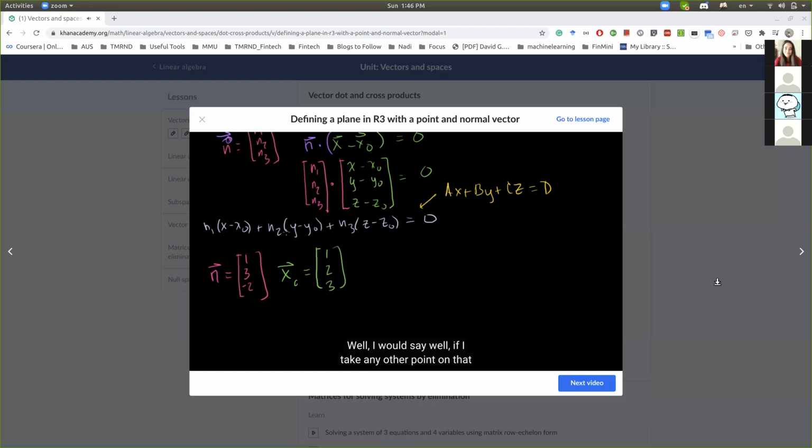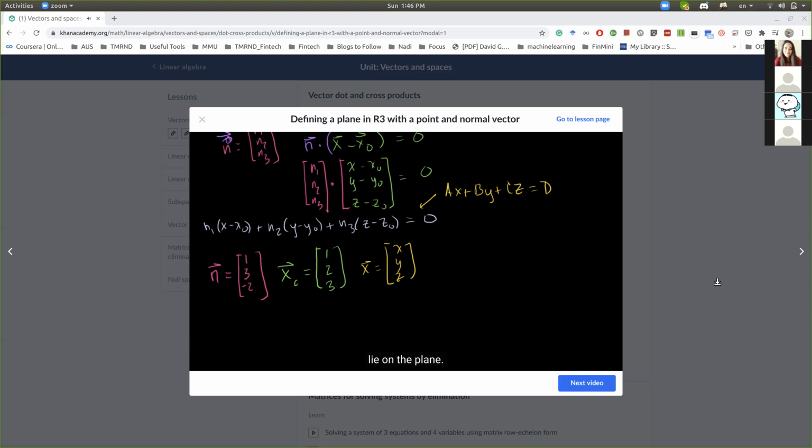Well, if I take any other point on that plane, x, y, z, specified by this vector, the vector that's defined by the difference between these two is going to lie on the plane, right? This point and this point lie on the plane, so the whole difference vector will lie on the plane.